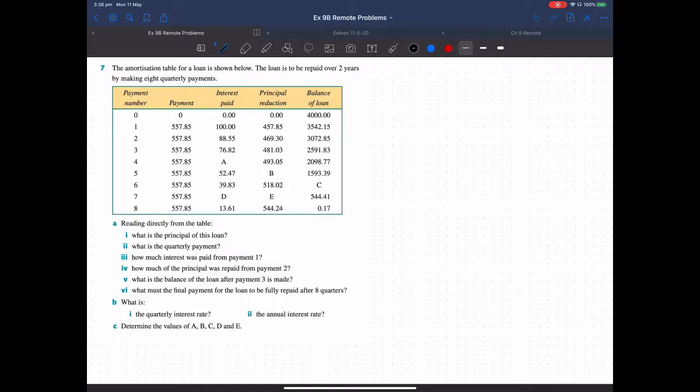So if we look at question A, it says to us, read directly from the table, what is the principal from the loan? Well, the principal is the starting balance of the loan. So in this case, it is $4,000.